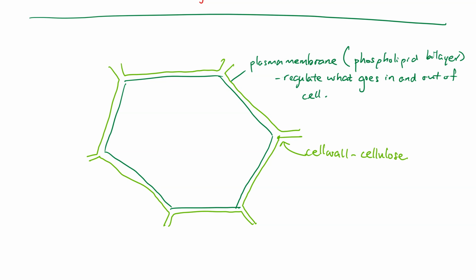So if the plant cell is making cellulose and secreting or transporting it out of the cell, it needs to go through the plasma membrane. Okay, so the function of a cell wall, just like the cell wall in bacteria, is to maintain the rigidity of the cell.